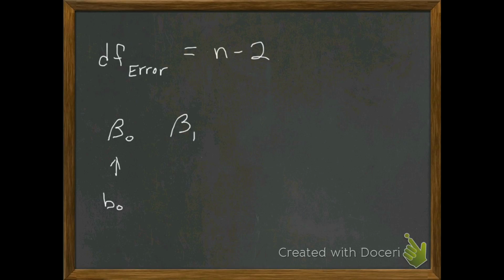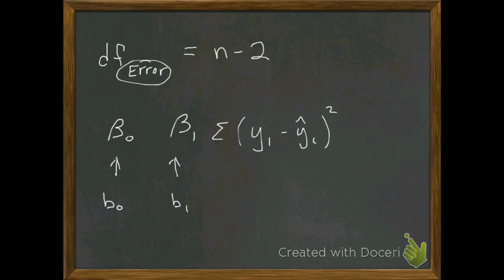We had 2 things that were estimated, namely b0 and b1. In the calculation of the error, which is our observed value minus the predicted value, which we square and sum up, the predicted value was calculated using 2 things that were estimated. So guys, we have to account for that in the degrees of freedom.